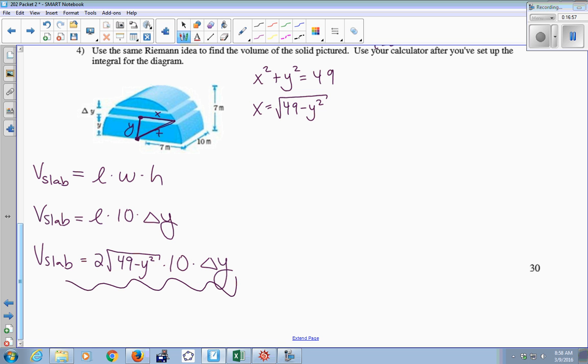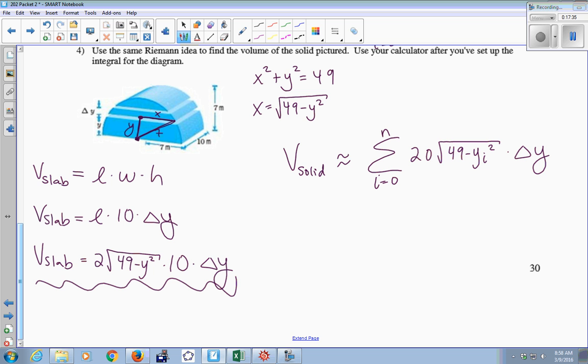All right, so there's the volume of a slab. Now if I want the volume of this whole solid, I just have to add up a bunch of slabs. So the volume of the whole solid is approximately the sum of n slabs, where each slab has this volume, 20 square roots of 49 minus y sub i squared times delta y. y sub i is just the height of each various slab.